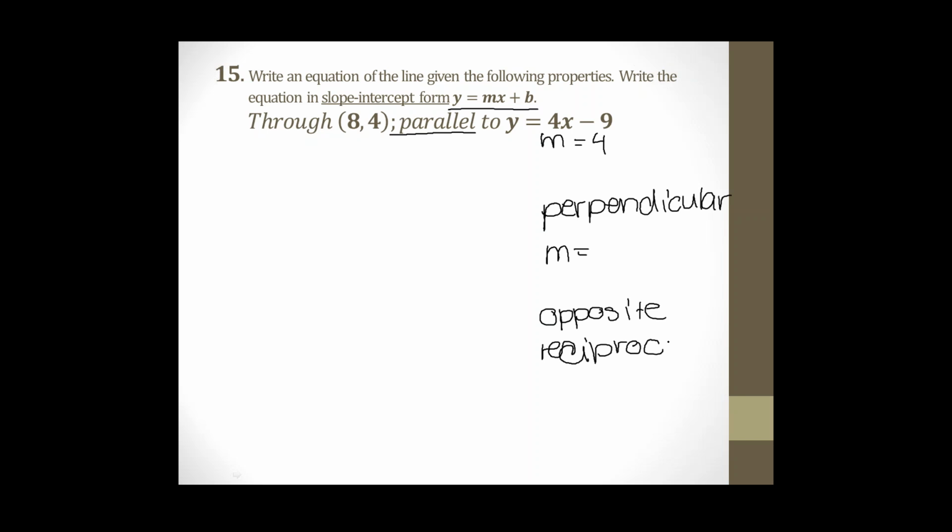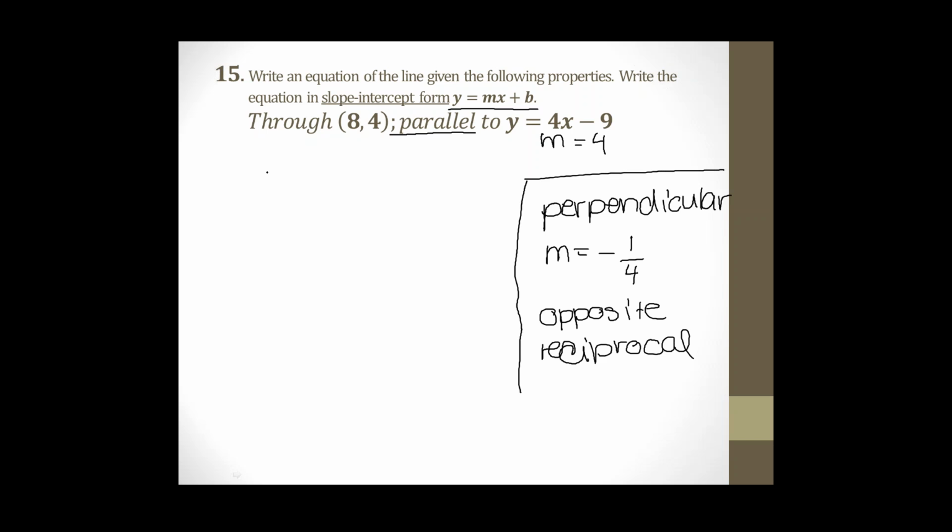The opposite determines the sign. So if you had a positive, it should be a negative and vice versa. And reciprocal just flips the number. So in this case, it's 4 over 1, so flipping it would become 1 over 4. So that would be a perpendicular. But in our case, we were asked parallel, but I just wanted to make sure you also can get the version where it asks you for a perpendicular line.